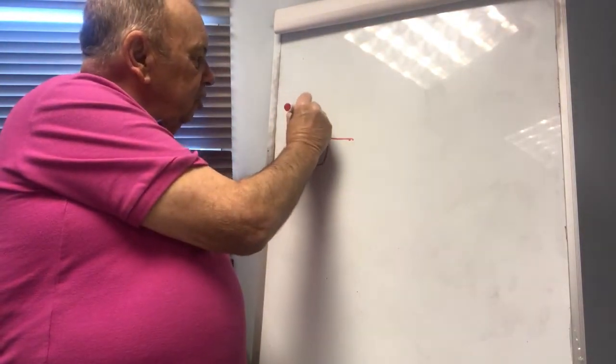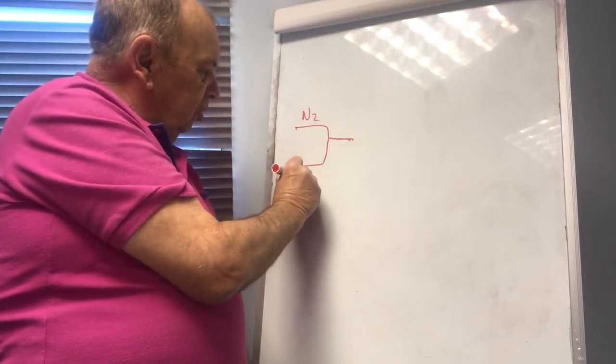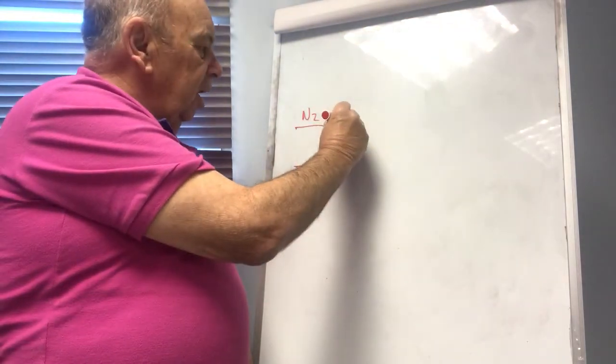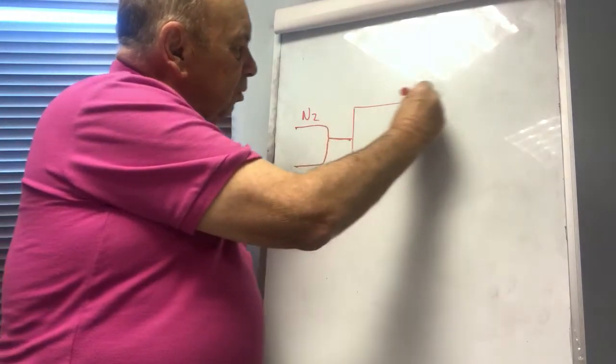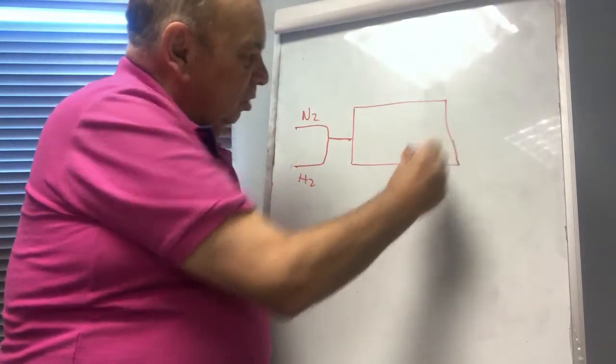There's nitrogen gas and hydrogen gas. They're mixed and then they're passed into a reaction chamber.